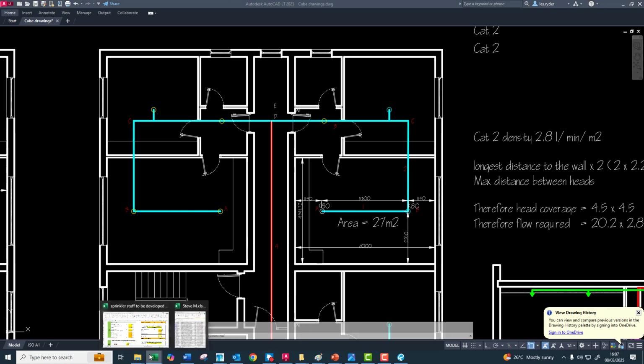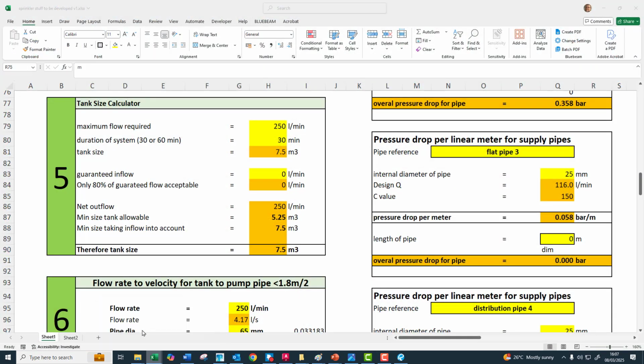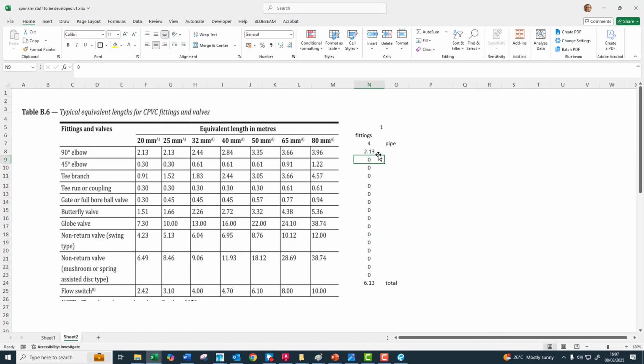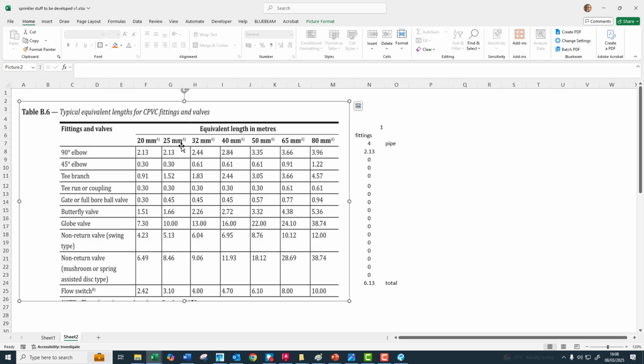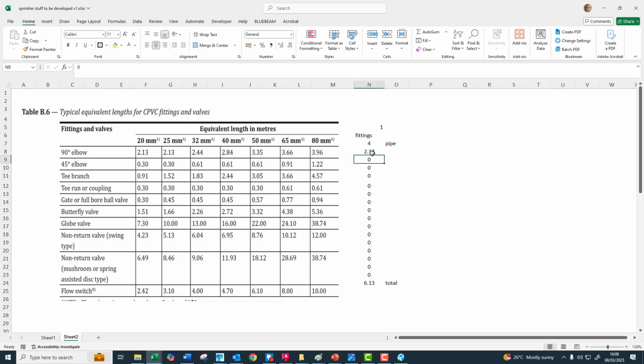So if we nip onto this fella, got 4 meters again, but we've got 2 T's, and they're 1.52 for a 25mm pipe. So that was again 4, and we're going to use 1.52.